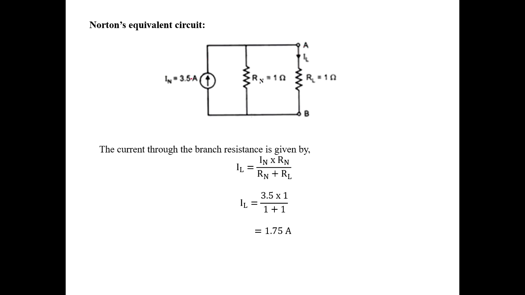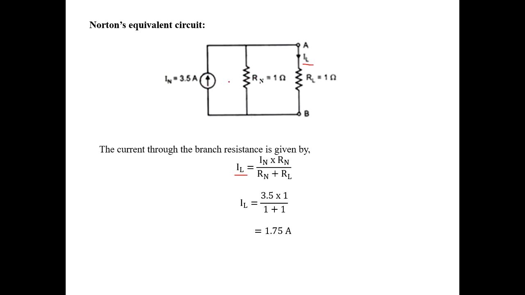If you know the total current, we can use the current division rule to calculate this load current. IL equals total current into opposite resistance divided by sum of the resistances. Using the current division rule, we calculate IL because in this circuit we know the total current.